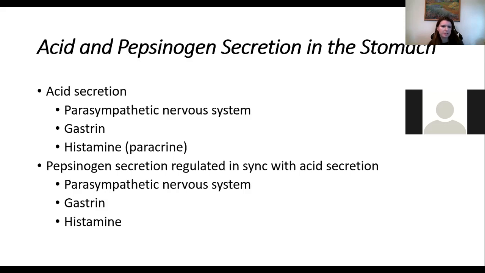If the cells of the stomach lining are producing histamine, this would be a paracrine sort of thing going on. They just go to the neighboring cells, send this paracrine signal to secrete acid and pepsinogen. So those are getting secreted together.